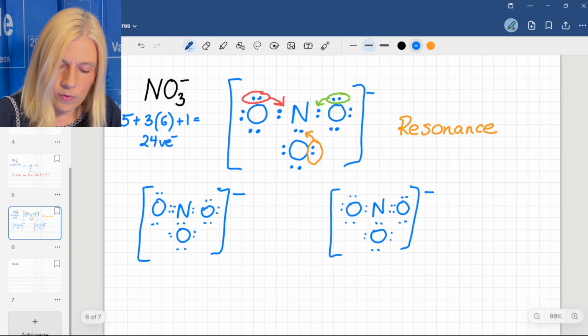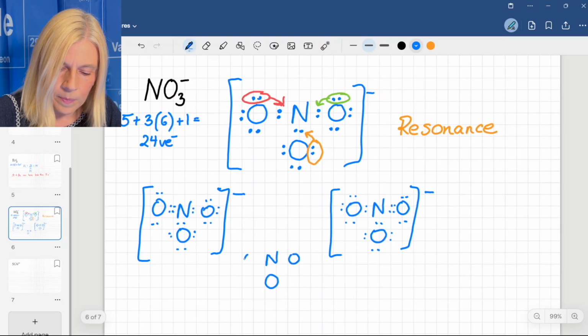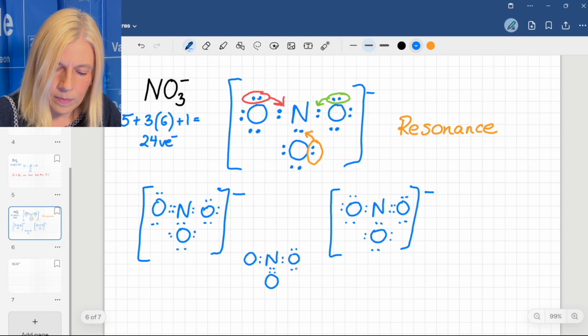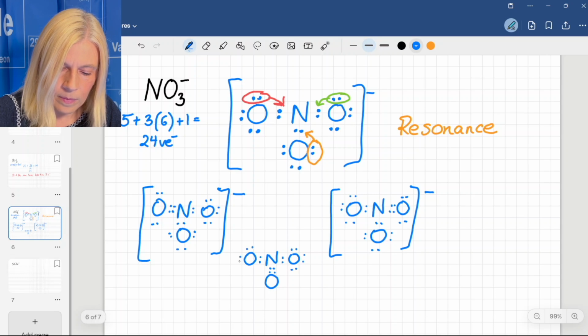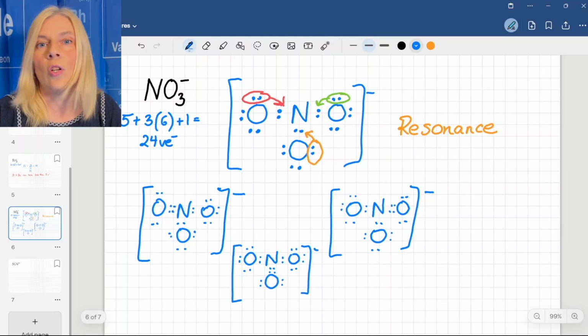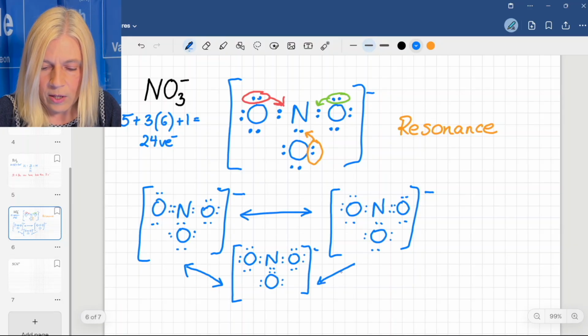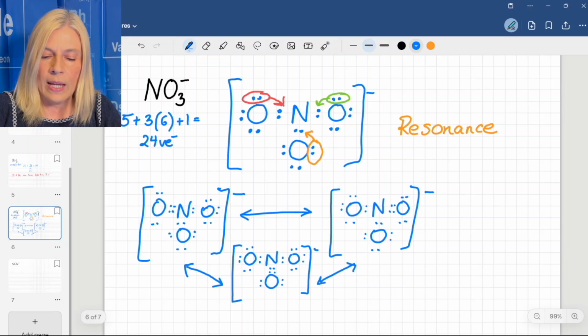And choice number 3 was right here, to use the oxygen on the bottom. Okay, so the thing is that every one of these choices is the same, is equal, and we're going to put it with a double arrow like this, a single arrow with 2 ends.